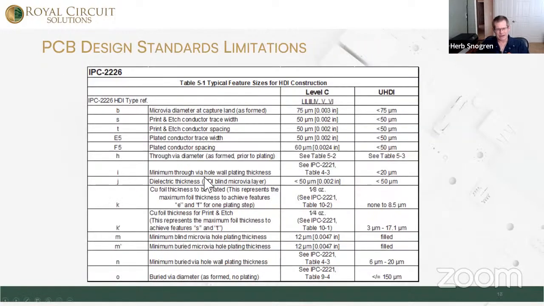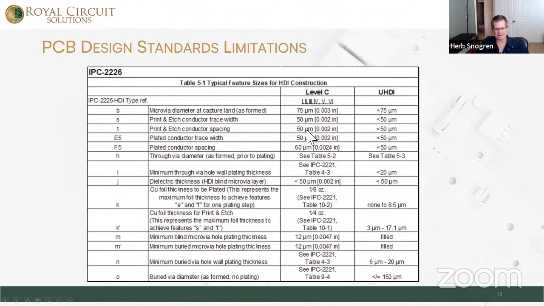This is out of IPC 2226, which is the design standard for HDI printed circuit boards. They divide producibility categories into A, B, and C. Level C is the highest category, the lowest producibility. You can see in this column that it stops at 50 micron lines and spaces.